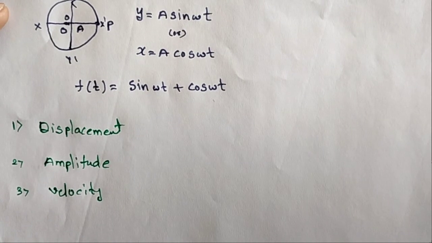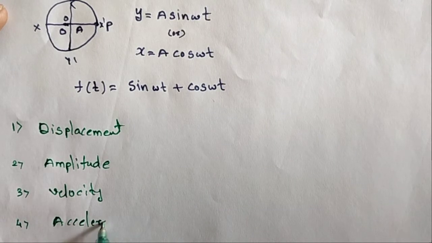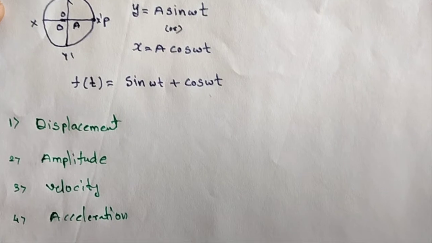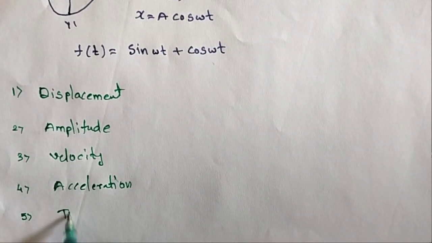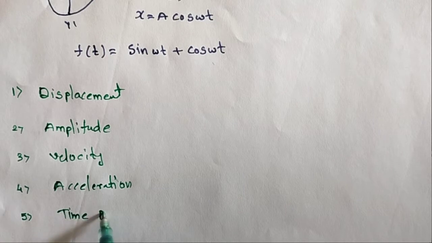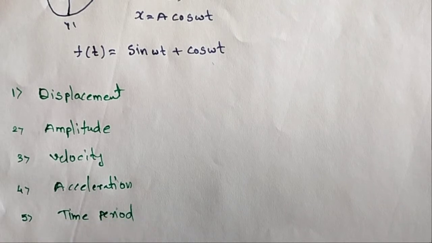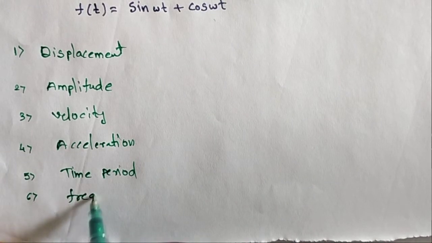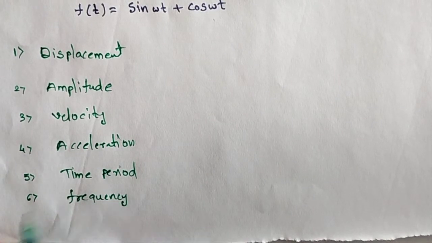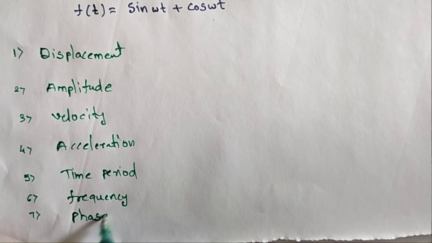Fourth, acceleration: what is the acceleration of a particle? Fifth, time period: what is the meaning of the time period of a simple harmonic oscillator? Sixth, frequency: what is the frequency? Seventh, phase. Eighth, epoch.